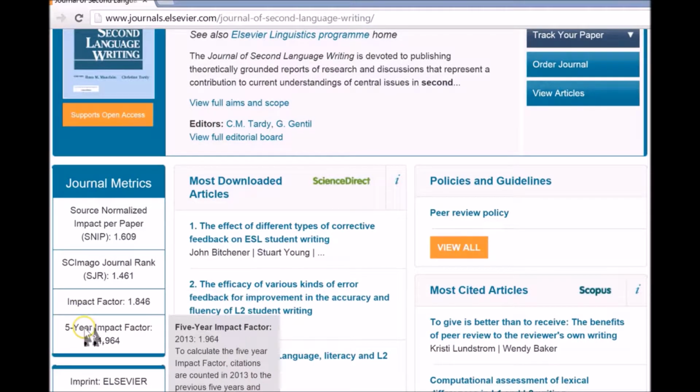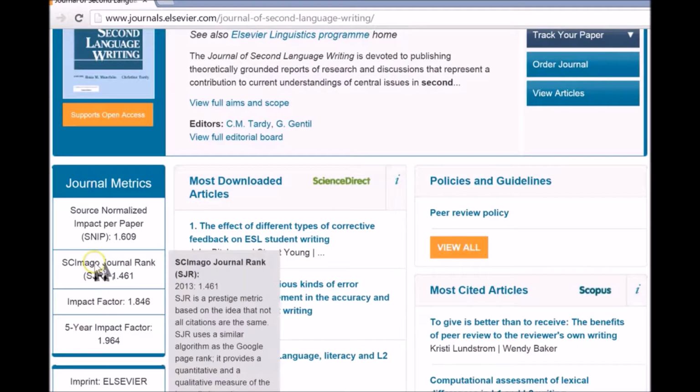The 5-year impact factor, which is a little higher, shows the number over a longer period of time. Those are fairly good numbers. These are another number. It uses a somewhat different algorithm.